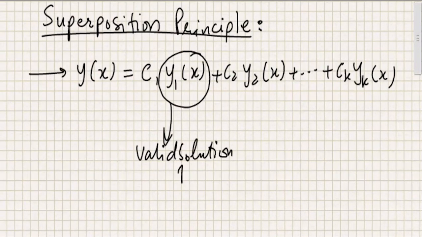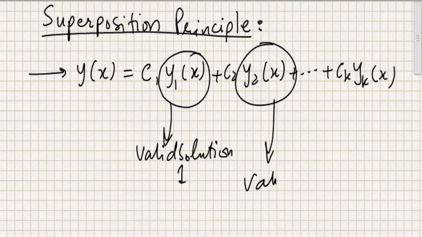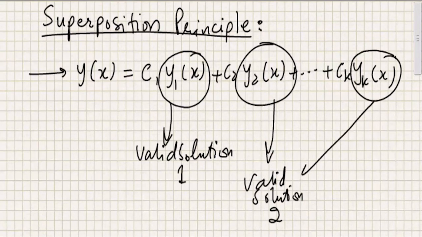Valid solution number one. This is also a valid solution, valid solution for a given differential equation number 2. Now we're talking about the same differential equation. These two solutions are valid, and up to the kth solution, all these are valid solutions to the same differential equation independently.